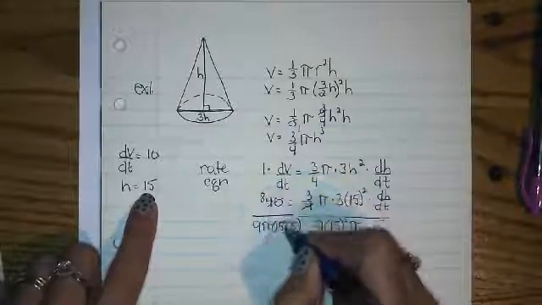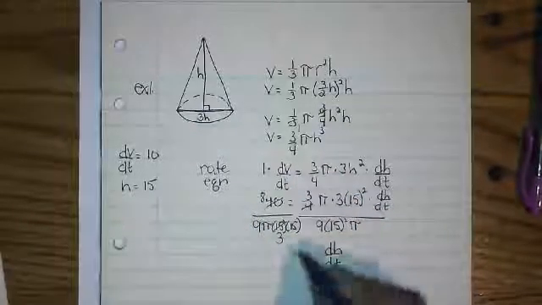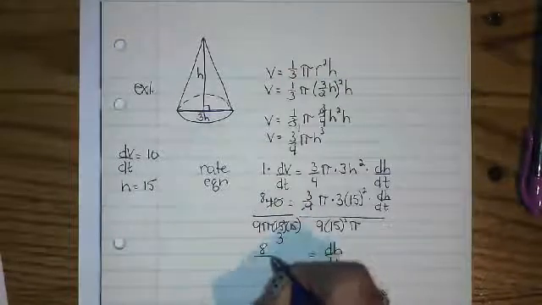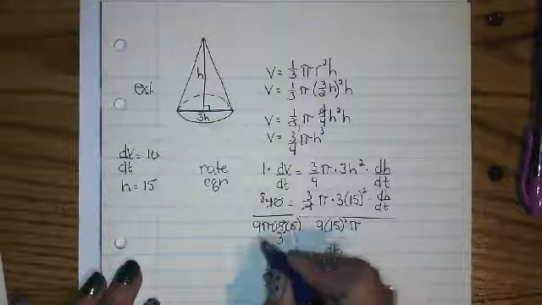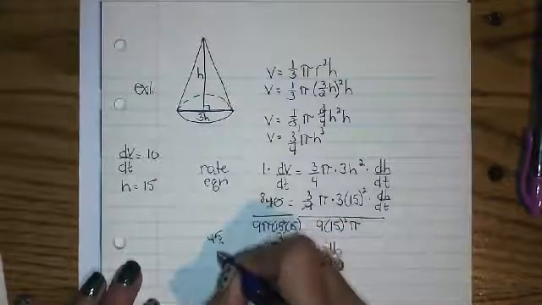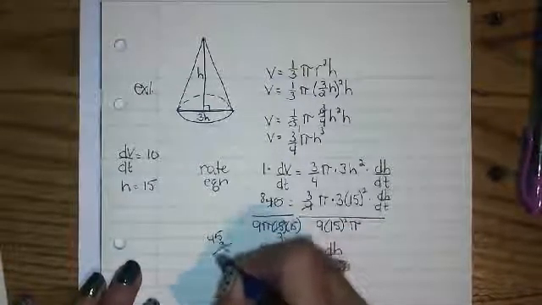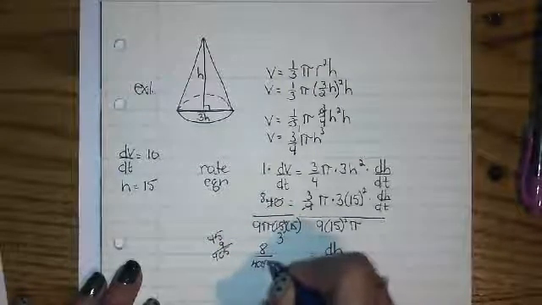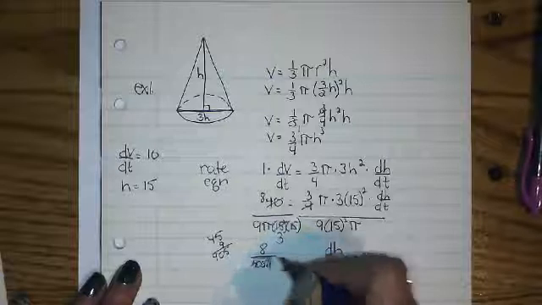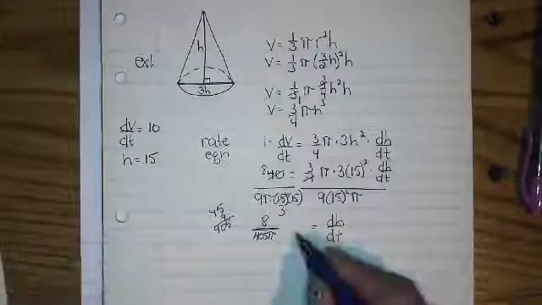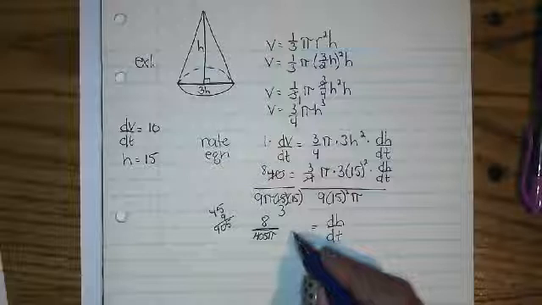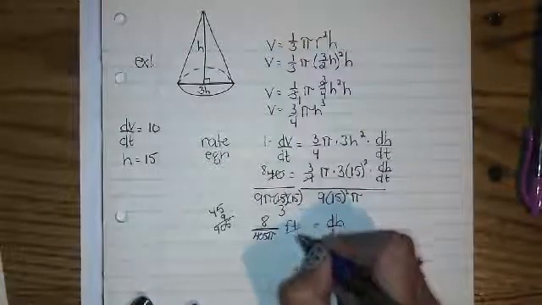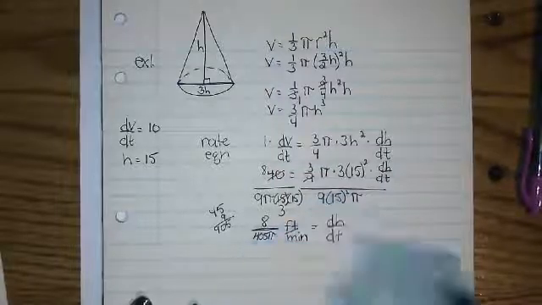Let's see, 5 goes into here 8 and into here 3. And that's about all the simplifying I'm going to get. So I will get 8 over 45 times 9 is 405 pi. And if you had a calculator, you could get a decimal for that. But then the units for the change in the height with respect to time, we are looking at feet per minute.